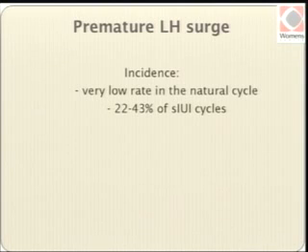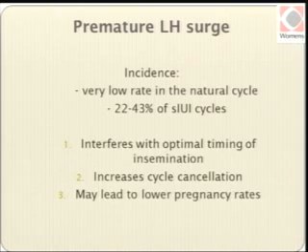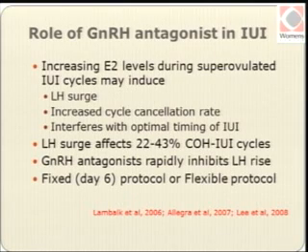The incidence is usually very low in a natural cycle, but it has been calculated to be fairly high, especially when you're using gonadotropins in an IUI cycle. The numbers that have been talked about are anywhere in the order of 22 to 43% of all IUI cycles, where you may get a premature LH surge, which may then interfere with optimal timing of insemination, increase cycle cancellation, and may lead to lower pregnancy rates.